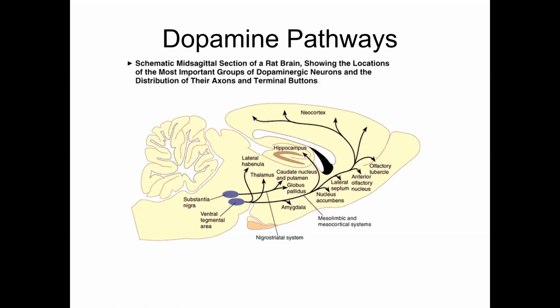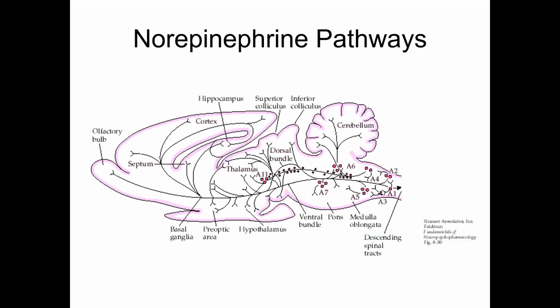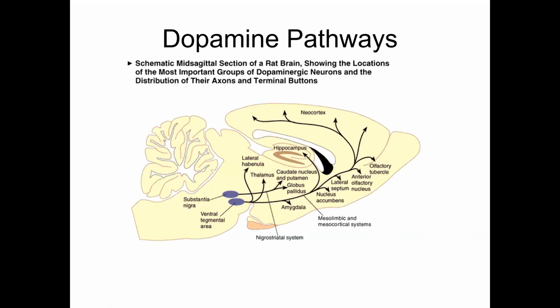So that is A10. Like I pointed out, A11, which basically sits in an area called the zona incerta, is also very rich in dopamine. And the zona incerta is in the area around the fields of Forel. Remember those major outputs coming out of the globus pallidus as they move out to the thalamus.